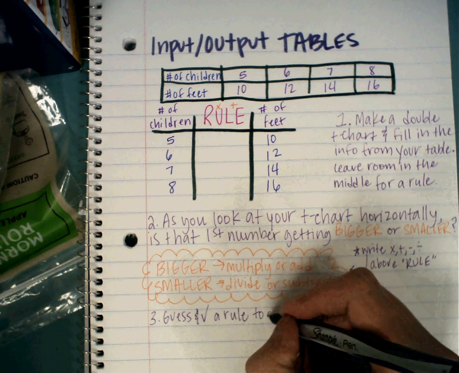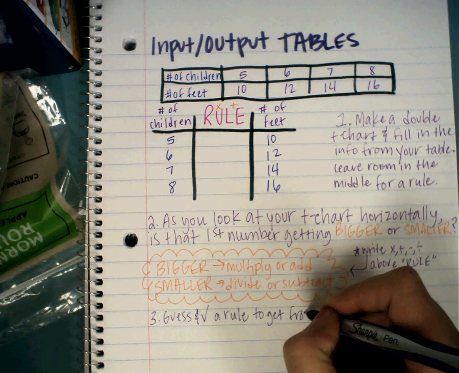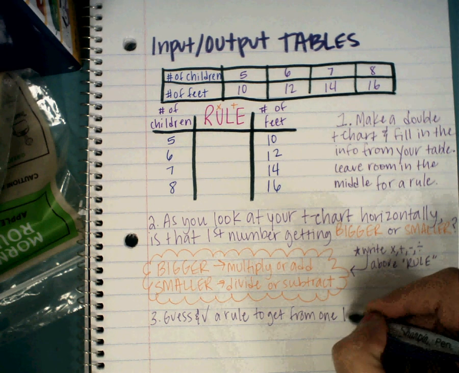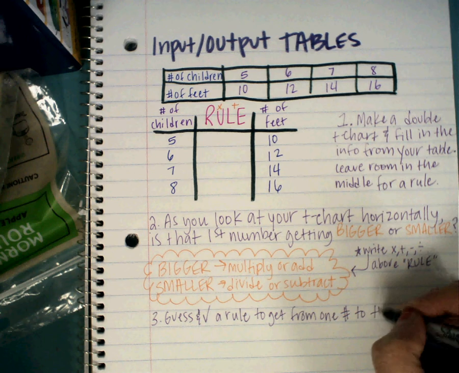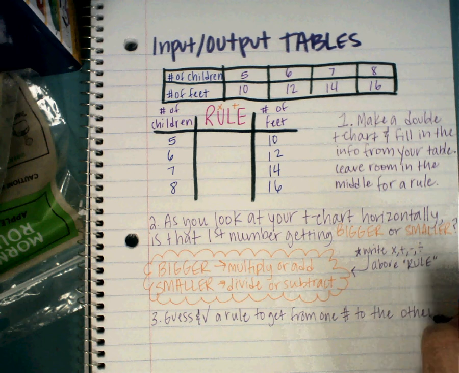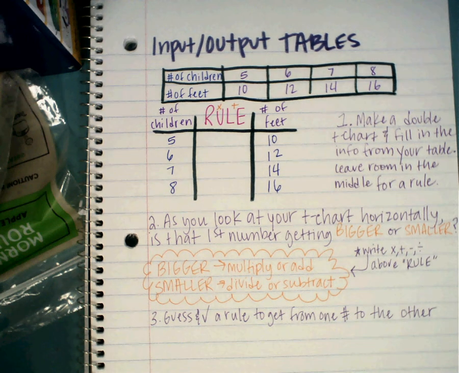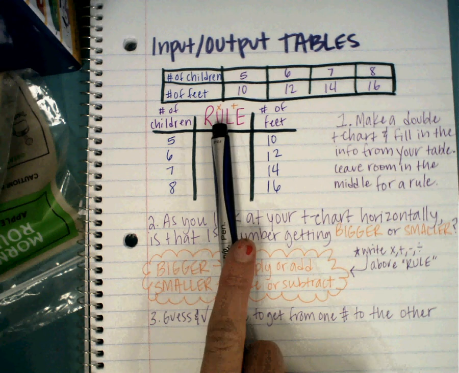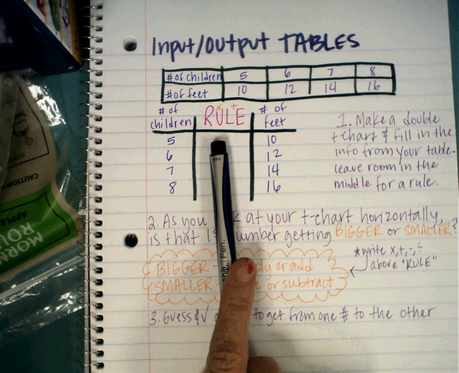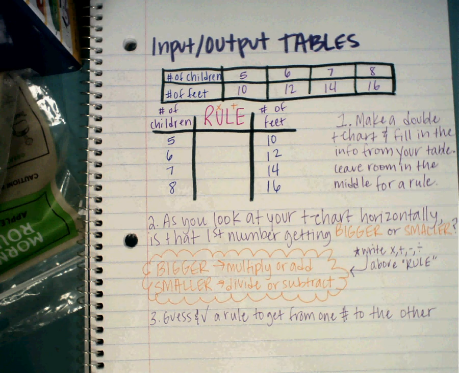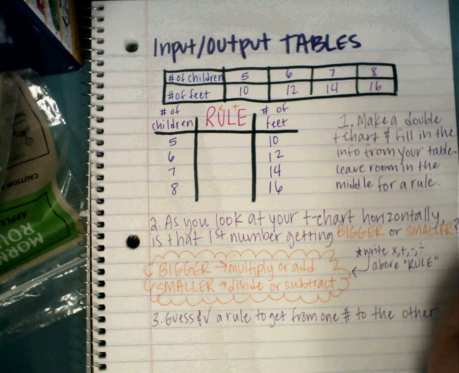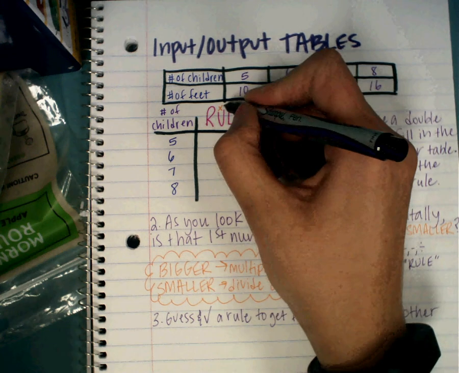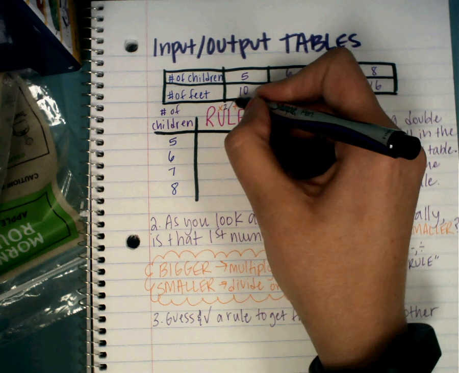So when I say guess and check a rule, I mean, what would I multiply 5 times to get 10? 5 times what? 5 times 2, right? What would I add to 5 to get from 5 to 10? I would say 5 plus 5, right? So either it's going to be times 2 or plus 5. Those are my two options, okay? Times 2 or plus 5.